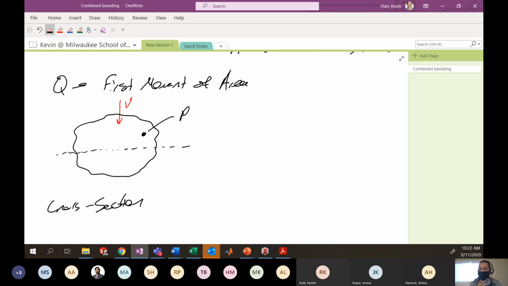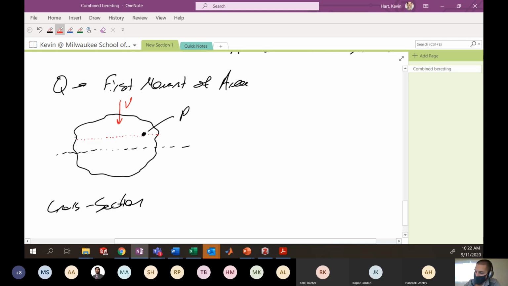All right, so the way that we attack understanding what the shear stress is at this particular location is, the first thing we have to do is draw a horizontal line at point P, which is parallel to the neutral axis. This is just a line that we need to draw to help us with our analysis.